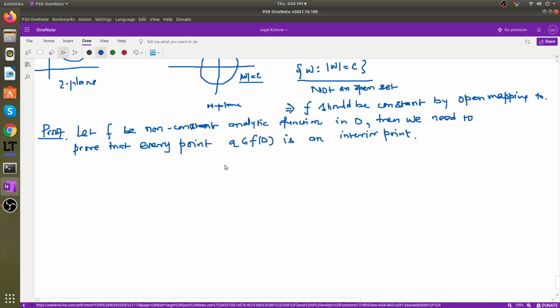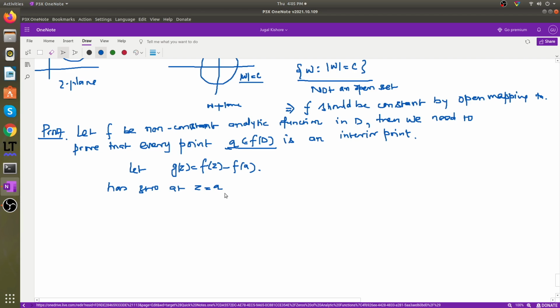Now to prove this, let g of z be a function such that g of z is f of z minus f of a. So we have taken A as a point in the image of D under f. Further we take g of z equal to f of z minus f of a, and we can see that g has a 0 at z is equal to a.